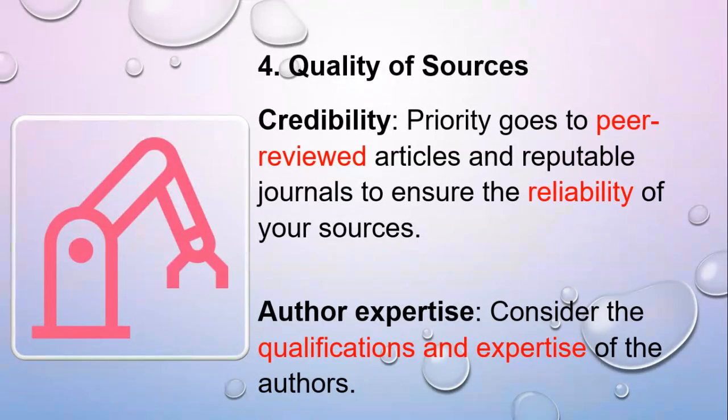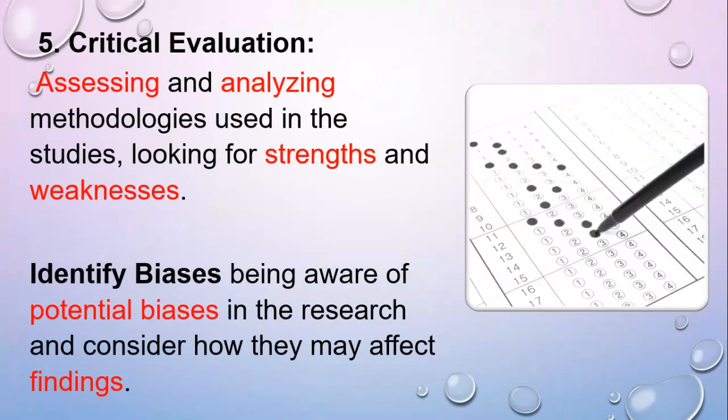And before you choose an article or a study, you have to look at the author's expertise or consider his qualification as an author. And this will also help you decide whether to include or exclude a certain study. And when you are doing your review of literature, you have to use critical evaluation of the data or of the study you have, right?